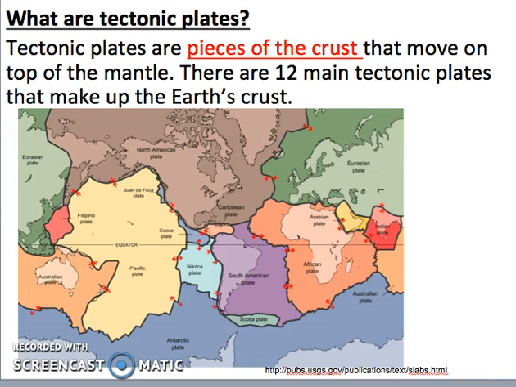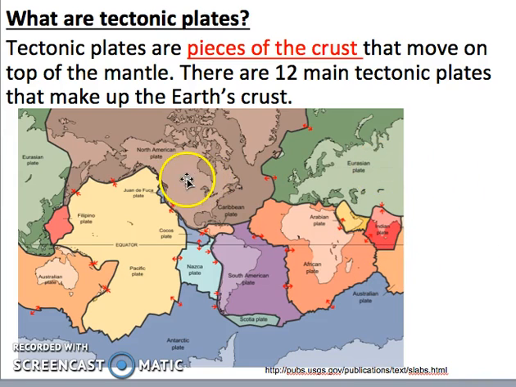Alright, so now let's talk about this word, tectonic plates. Tectonic plates are pieces of the crust that move on top of the mantle. If you guys remember, the mantle is the second layer under the crust. And there are approximately 12 main tectonic plates and a few smaller tectonic plates in addition to the 12. Here's a picture of the tectonic plates, and this is kind of a weird picture, so I just want to clarify.